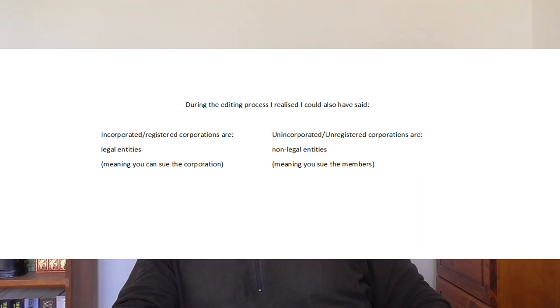Generally, with the unincorporated associations, if the association gets sued, then potentially all the members' assets are at risk, which is why a lot of churches and the like incorporate, to protect the members of the church and to protect the elders and what have you. Okay, so that's broadly it.